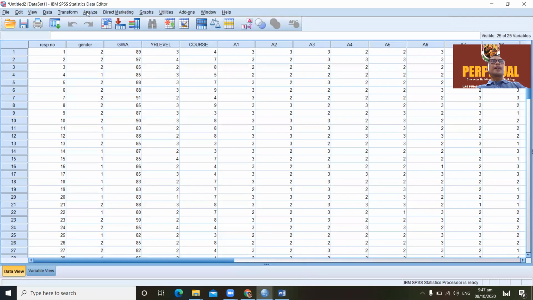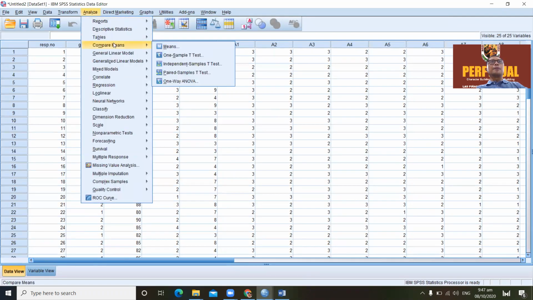We try to go back to analyze, compare means, but instead of independent samples t-test, we would be using analysis of variance. Why? There are more than two groups involved in here. Unlike gender, you only have male and female.